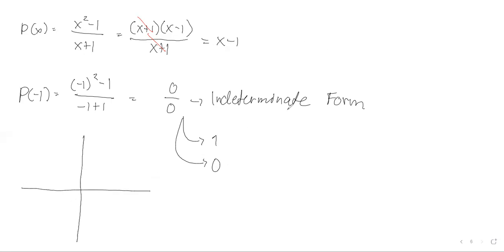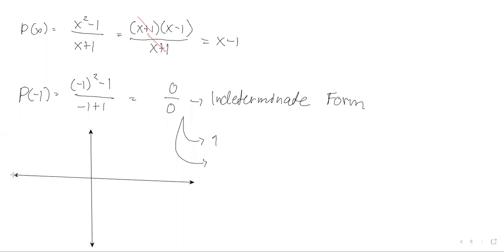Ano ba yung graph ng x minus 1? Paano nga ba i-graph x minus 1? Ganito lang yan. Ang kailangan lang natin dyan ay intercepts. Ito, y is equal to x minus 1 or palitan natin ng f of x.